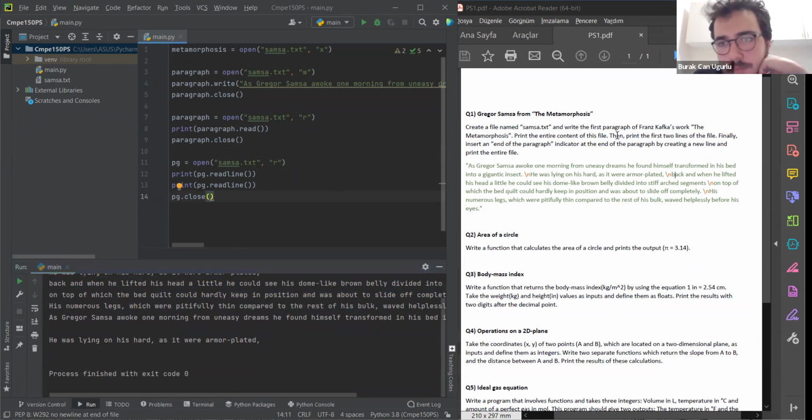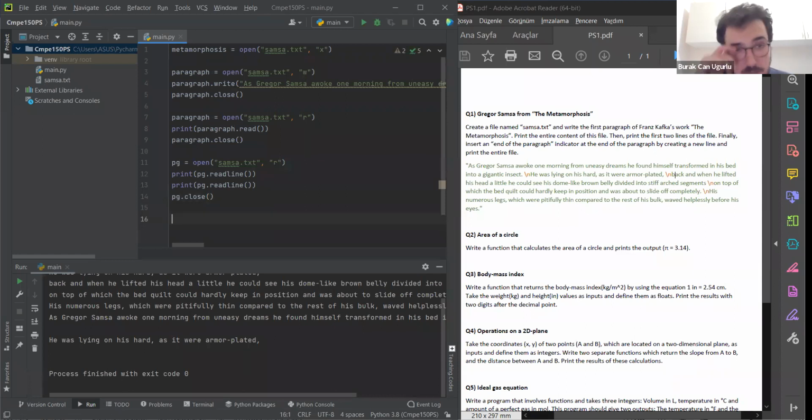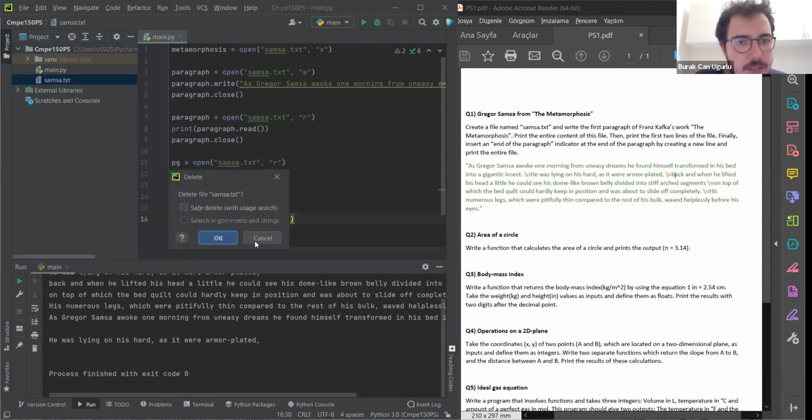So we have completed the second part of this question also, and finally we should insert an end of the paragraph indicator at the end of this paragraph. I'm opening the same file also, and I shouldn't forget that I should delete this, so we can create it again.